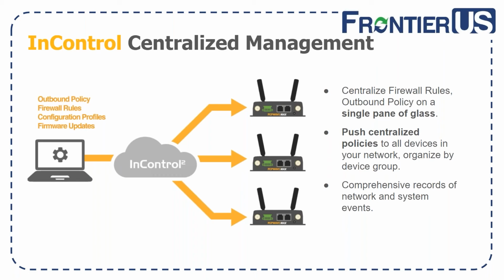You're able to push these policies to one device or multiple devices in a group or organization. You can have comprehensive records of the network and systems, and you can have all these reports sent to you automatically. Basically, IC2 gives you access to the device from anywhere in the world.